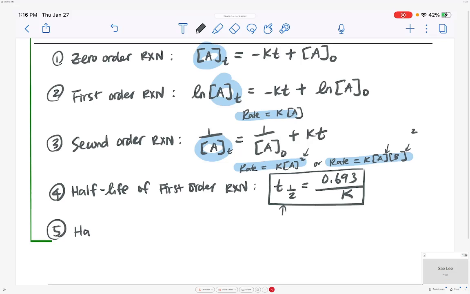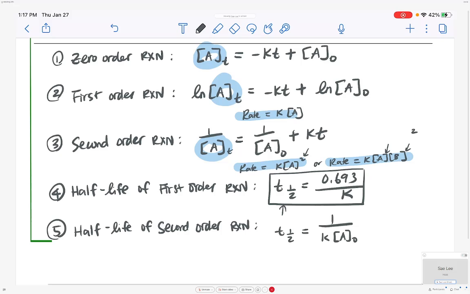The fifth concept that we learned was the half-life of a second order reaction. This had an equation where the time required to reach half of the initial concentration equals 1 over k times the initial concentration.